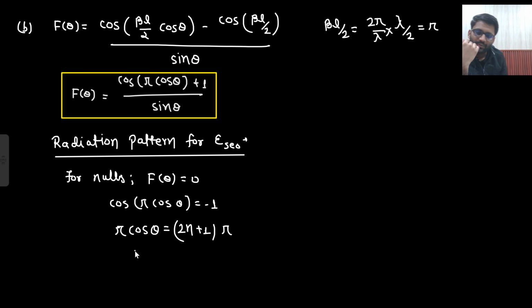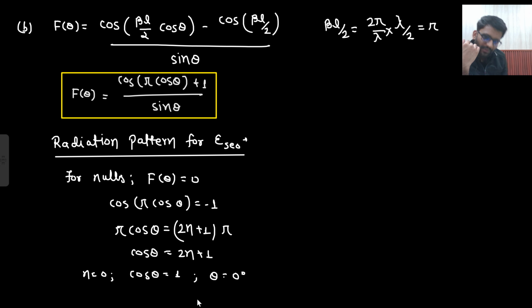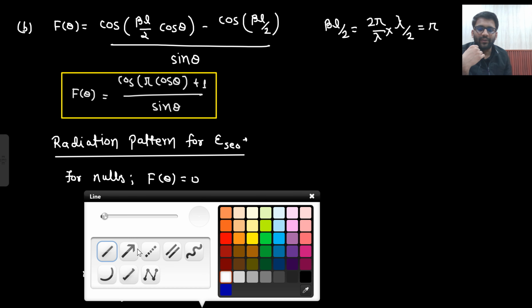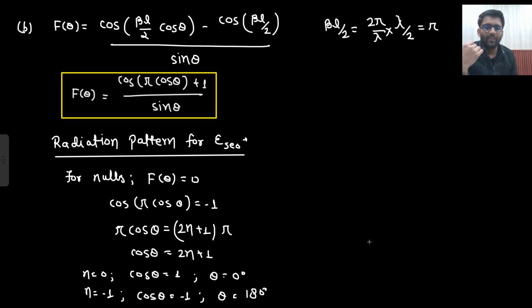So cos theta is equal to 2n plus 1. From here n equals 0, if I put, cos theta equals 1. That means theta equals 0 degree. This is the position of null. And if I put n equals minus 1, because n equals 1 I cannot put, cos theta is equal to minus 1 and theta is equal to 180 degree. So I know the location of nulls now. In between there will be a maxima, so at 90 degree there will be maxima.